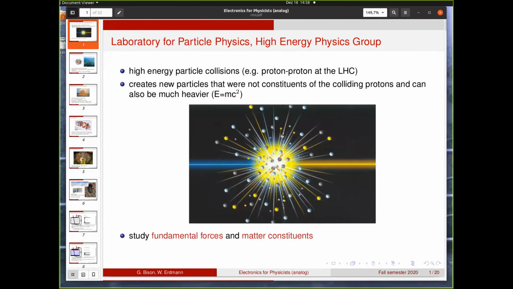Yes. Okay, so as Georg said, I will now present a little bit about what my group does. So we're both in the laboratory for particle physics, but my group is the high energy physics group. So we're at the other end of the energy scale.